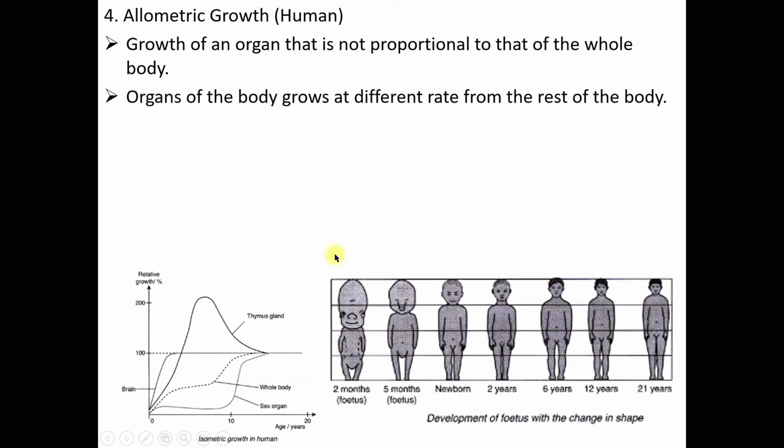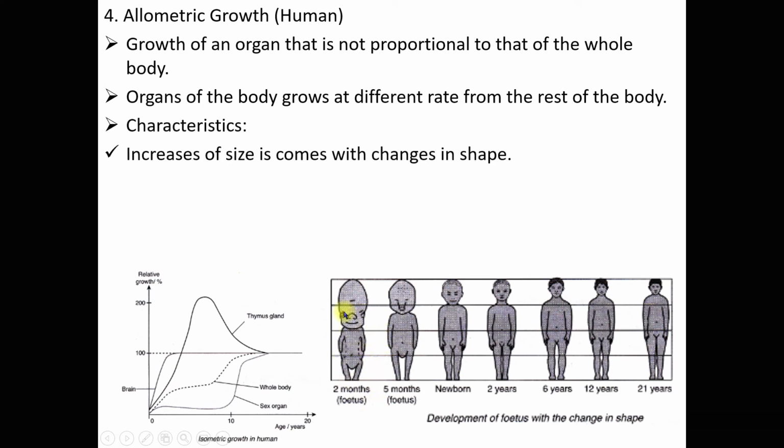Why? Because the head grows faster compared with the rest of the body. So the characteristic of allometric growth is that the increase of size comes with changes in shape. You can see how when the size increases, the shape also changes.